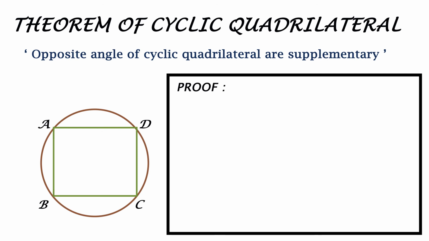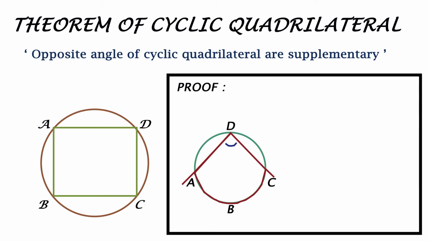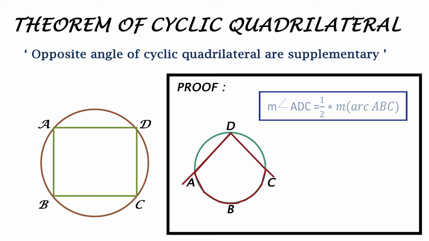In this, one circle is given. In this circle, arc ABC is intercepted by inscribed angle ADC. So this ADC is an inscribed angle, and which arc does it intercept? Arc ABC. So we write the formula again: angle ADC, an inscribed angle, is equal to half of the measurement of arc ABC.